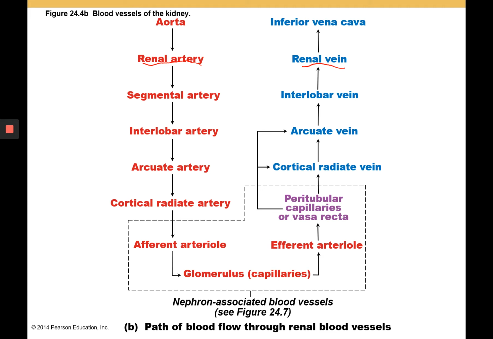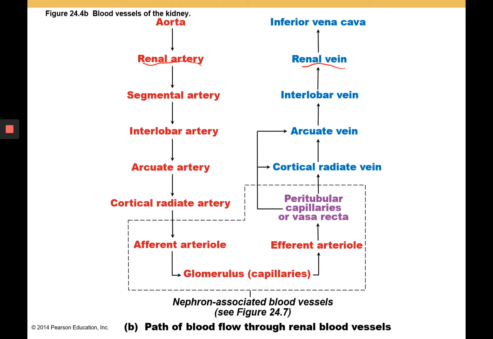Before we look in this dotted box, let's talk about the way we just entered the kidney. The cortical radiate artery is the last structure we were in before we move into the microscopic structures, which are in this dotted box. Notice that after we leave the dotted box, we're almost going to be moving out of the kidney the same way that blood flowed in. Before the microscopic structures, we were in a cortical radiate artery.